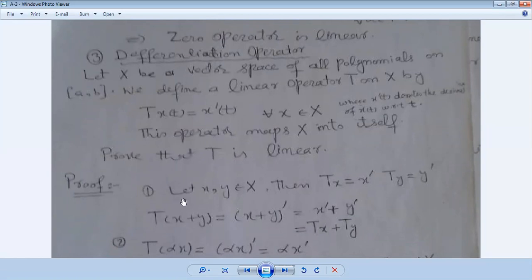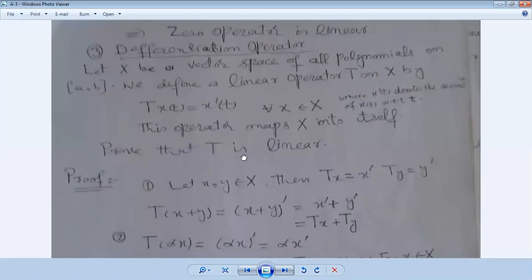Prove that T is linear. Linearity can be checked by these two conditions.